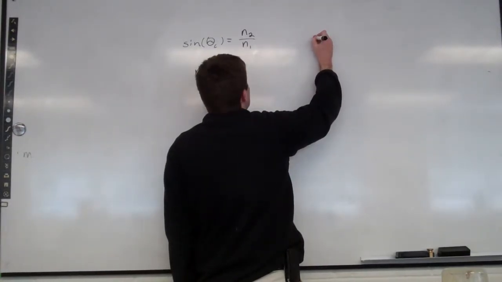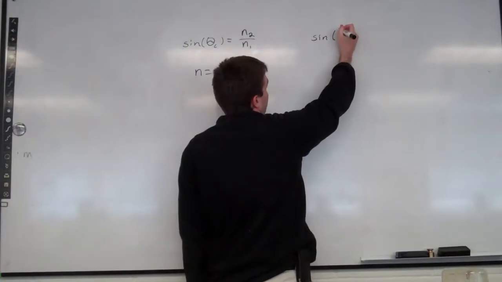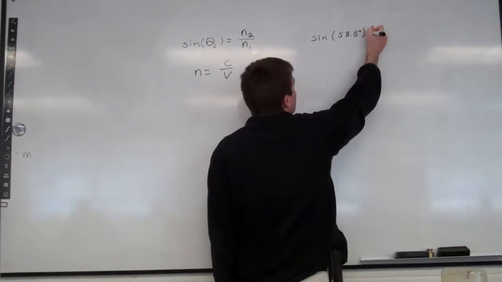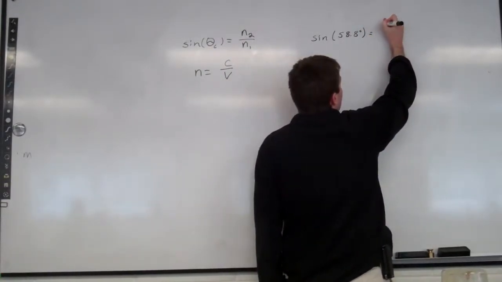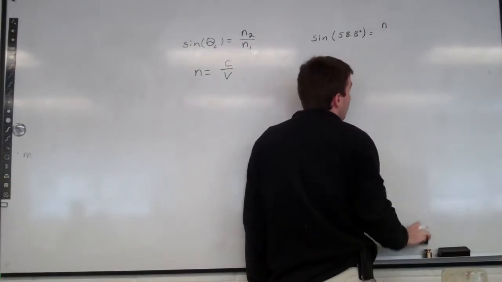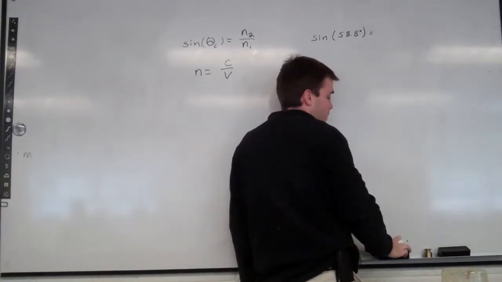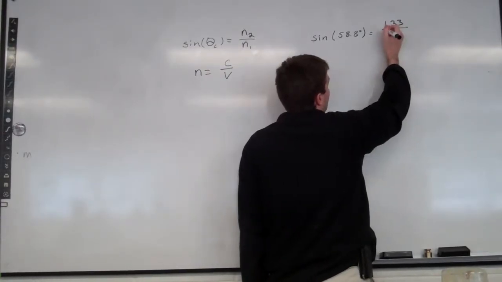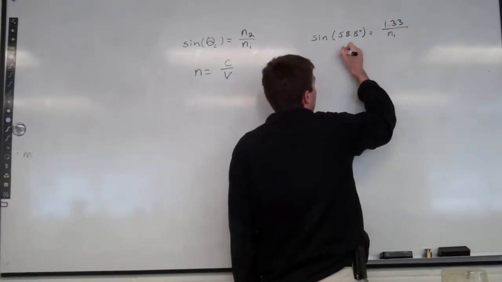So we're going to do sine. What's the critical angle? 58.8 degrees equals N2, which is the water it would be going into, so that's 1.33 over N1.